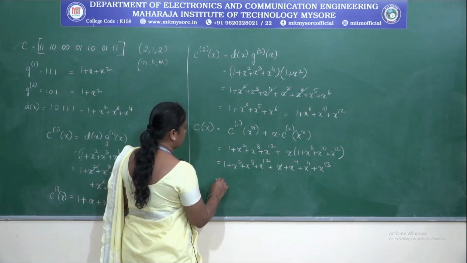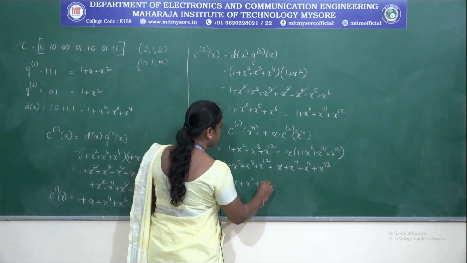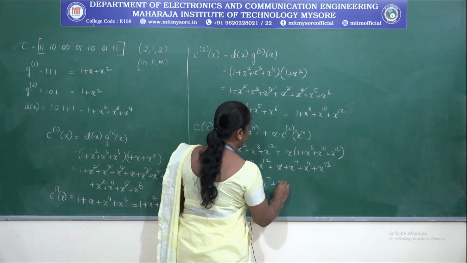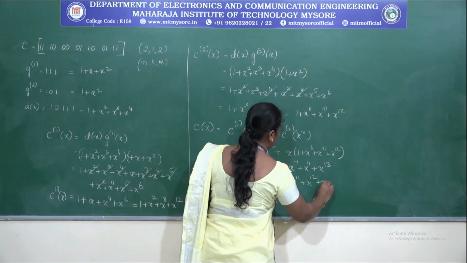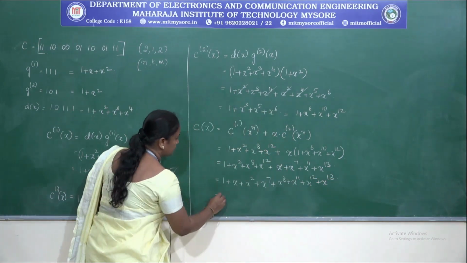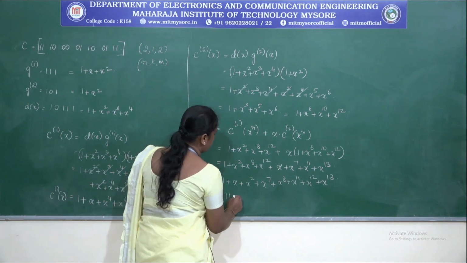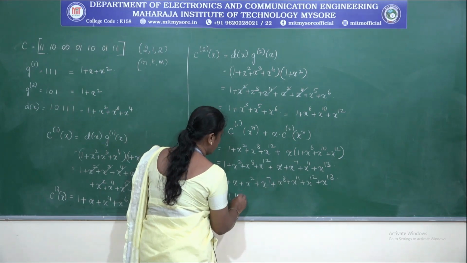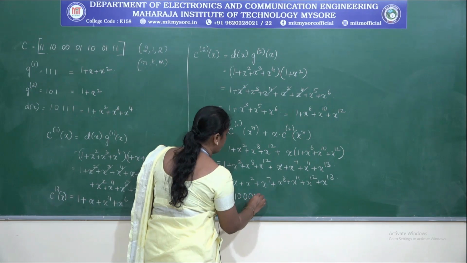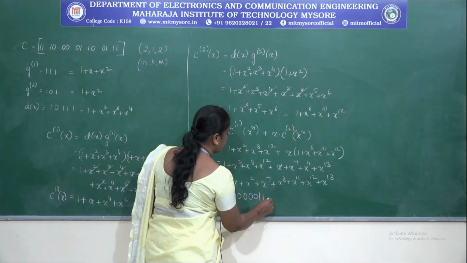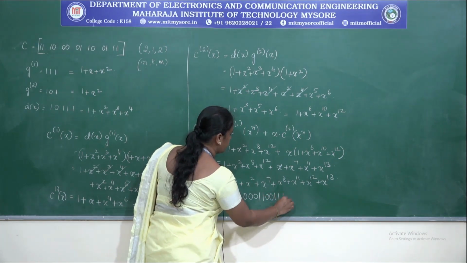So this will be 1 plus x square, x7, 8, 11, 12 and 13. So we have 1, we have x2, x3 is not there, x4, x5, x6, x7, x8, x9, x10, 11, 12, 13.